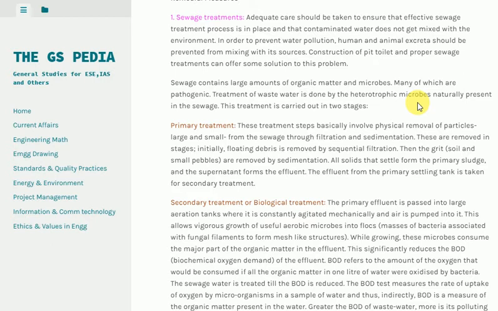The primary effluent is passed into large aeration tanks where it is constantly agitated mechanically and air is pumped into it. This allows vigorous growth of useful aerobic microbes into floc masses of bacteria associated with fungal filaments to form mesh-like structures.